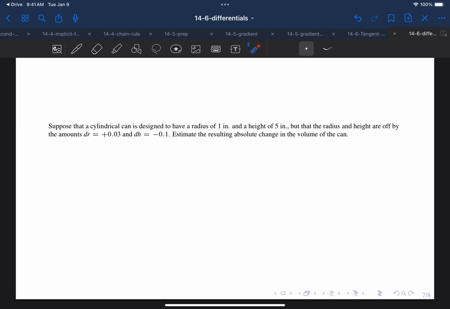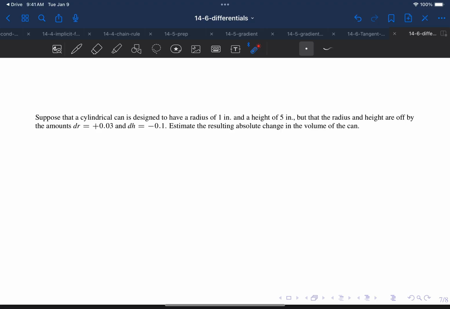So here's a problem from 3D geometry. A cylindrical can is designed to have a radius 1 and height of 5. So it's going to be something like this, and this is R, and this is H. And we want R equals 1, H equals 5.